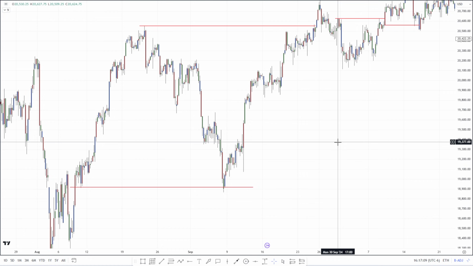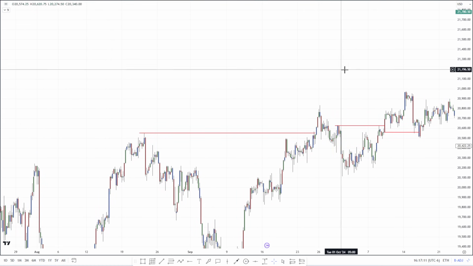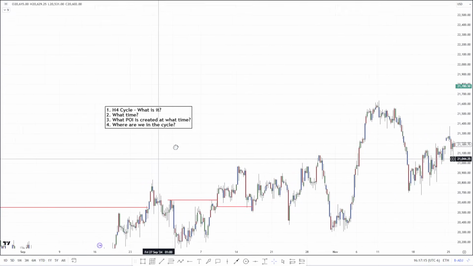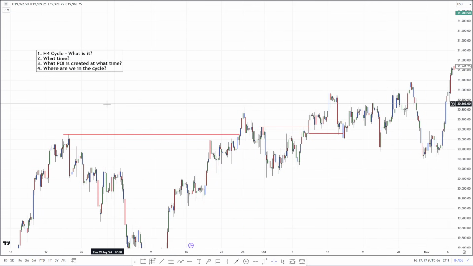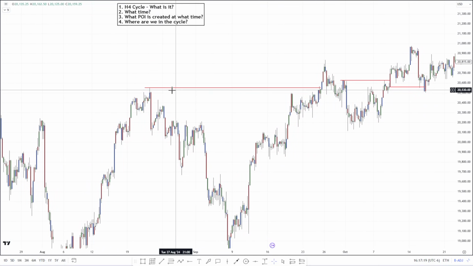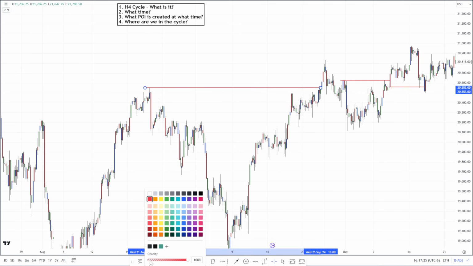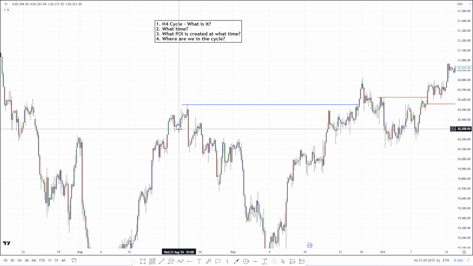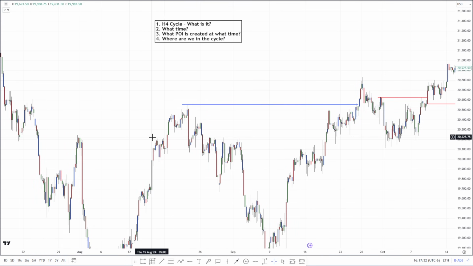Okay, and I'm going to show you what that means. So let's just put this over here for reference. This is a monthly cycle from this high till price closes above it. Let's go ahead and use a blue.